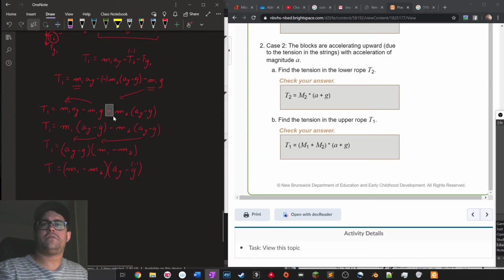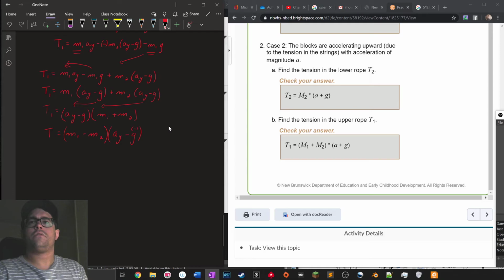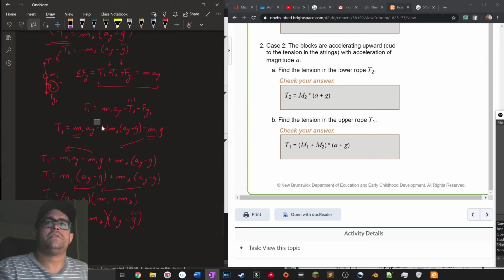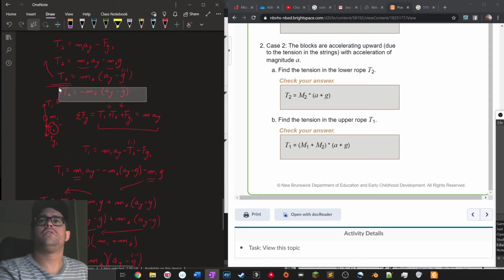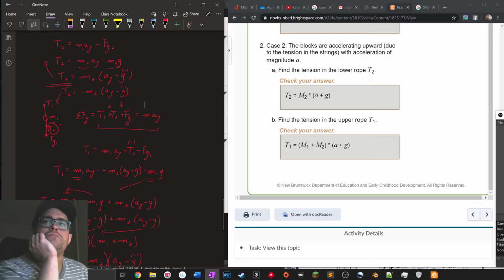So this is a plus because of this. They're all plus, which makes more sense, right? So this is the idea. It's minus T2, but T2 is actually minus M2 (a_y minus g). Yeah, I can see the level of complexity adding up for y'all.